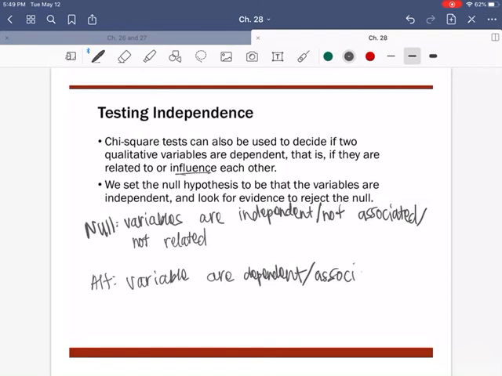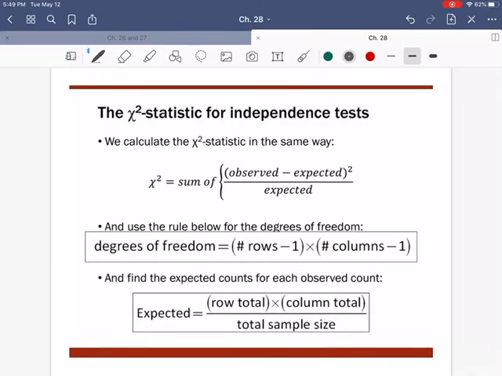The alternative is the opposite of that. Variables are dependent. Associated. Related.